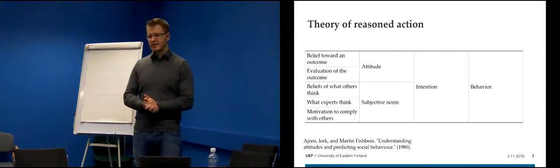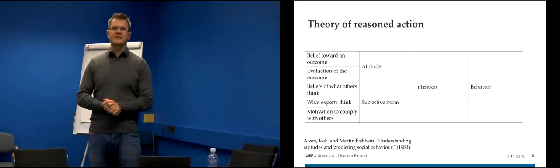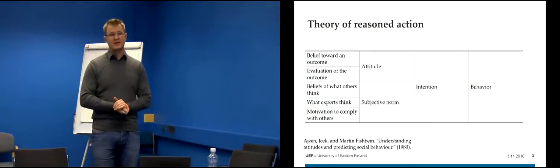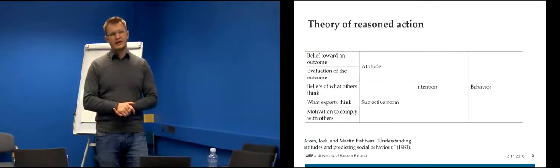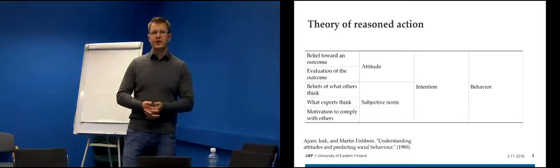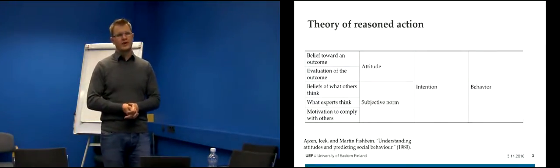As I said earlier, the theory of reasoned action is one of these basic principles that explain our behavior in social settings. Ajzen and Fishbein launched this model in the 1980s, for understanding attitudes and predicting social behavior.